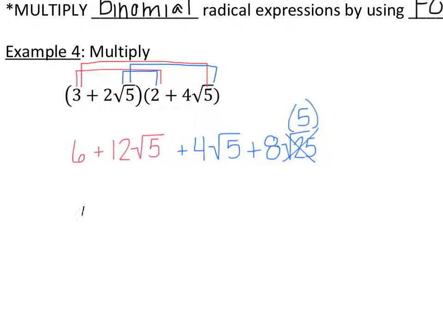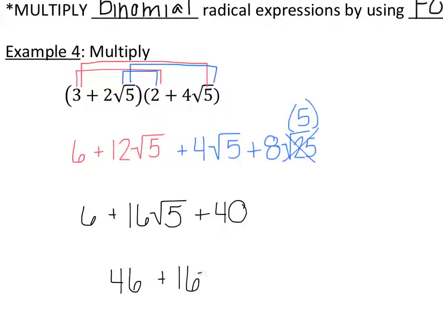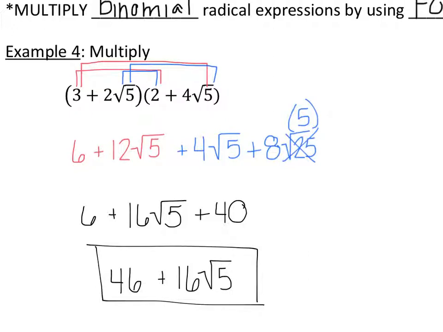I get 6 plus 16 square root of 5, right? We had like radicals. Plus 40, and then we get 46 plus 16 square root of 5. Is that what y'all got? Yeah.